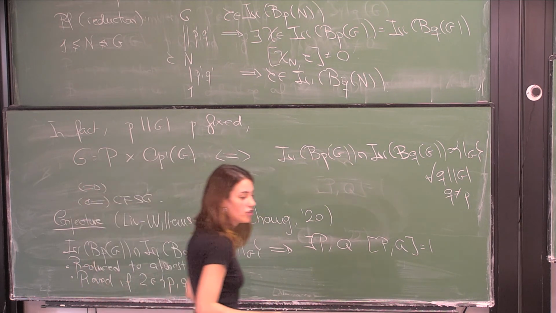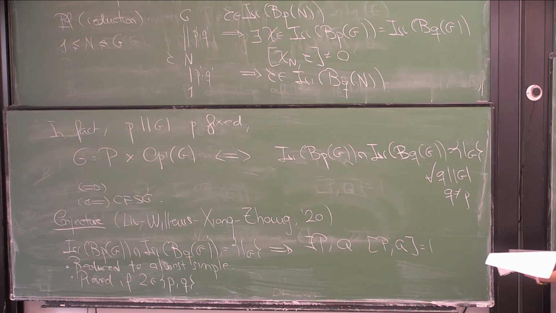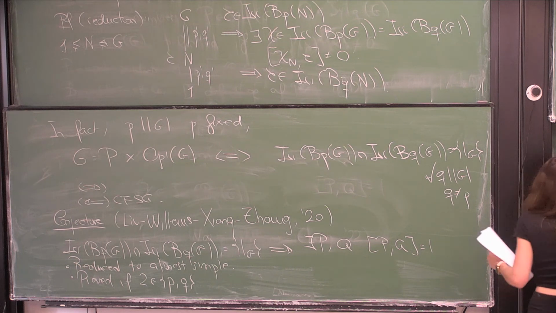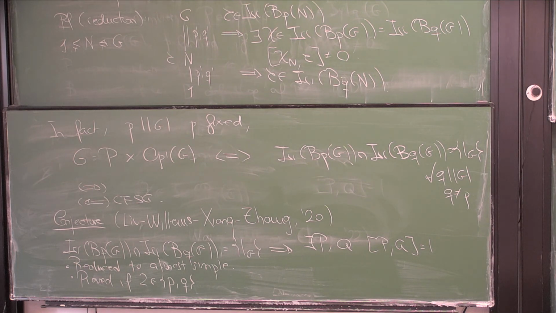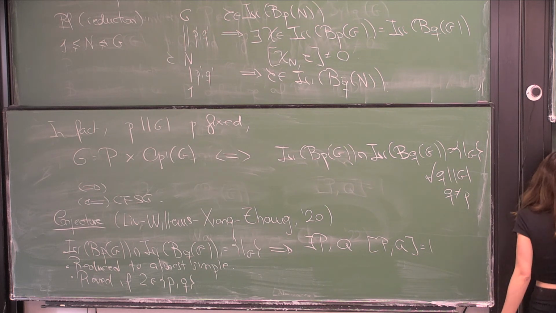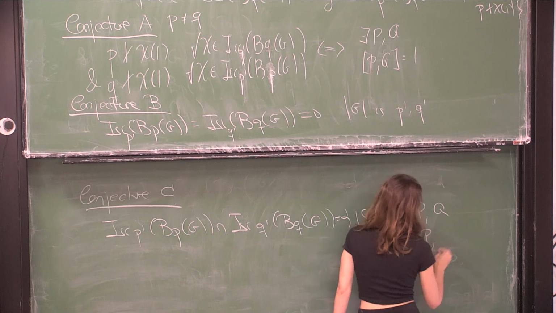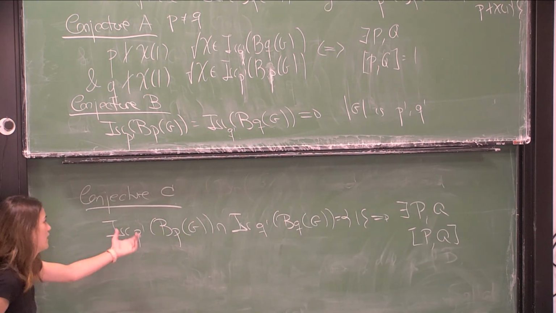And the last version is our version of the trivial intersection conjecture. Again, we replace these sets by the corresponding sets of height 0 characters.